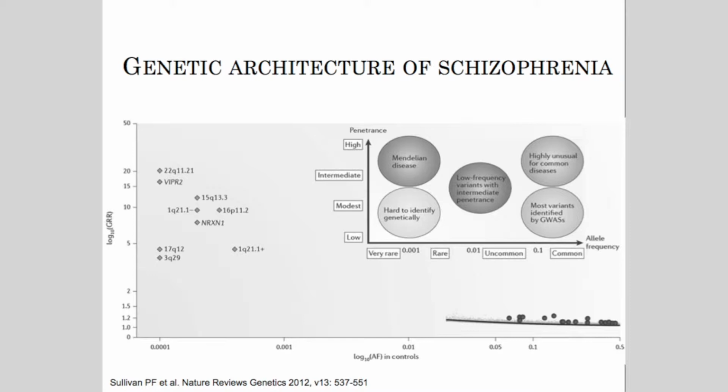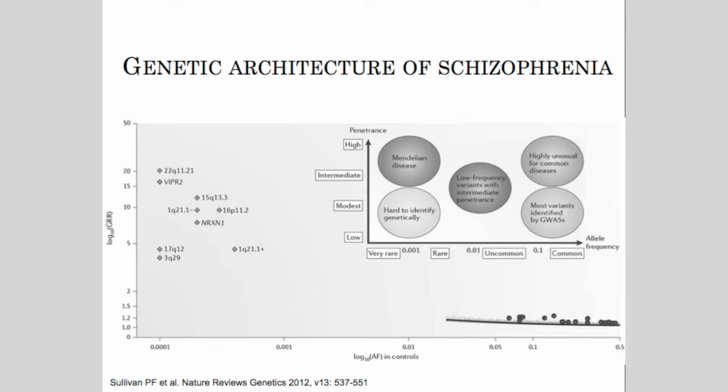On the lower right corner, these are variants that are very common, so that perhaps a third or half of people might carry the variant that's associated with disease. And so these common variants, because they're so common, can't really have such a strong effect on whether or not someone gets the illness. Probably we need many, maybe tens or hundreds of these variants in just the wrong combination to cause someone to have one of these illnesses.